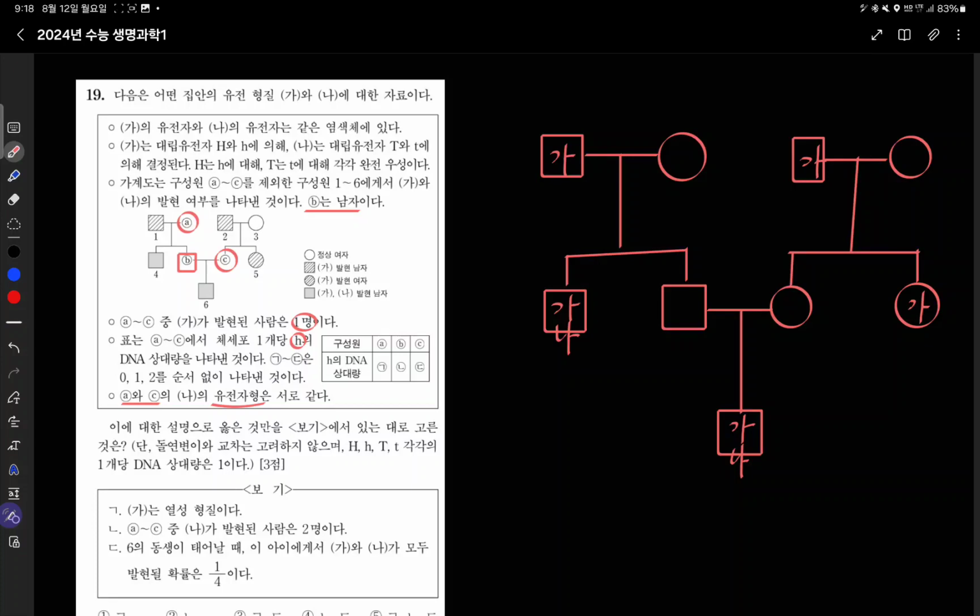The first strategy we can think of is that these genes are located on the sex chromosome. In such case, we can reduce the number of cases because male has only one X chromosome.